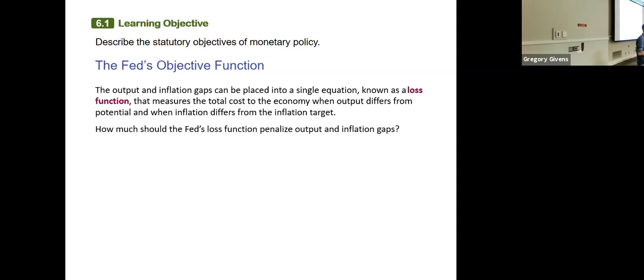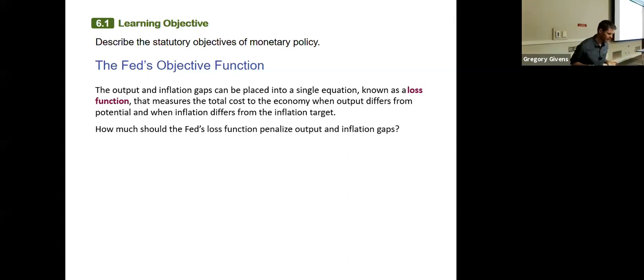That's this idea that losses increase exponentially with the size of the two gaps that determine loss, the output gap and the inflation gap. If the output gap were to decline from negative 2% to negative 4%, then the cost to society should more than double, right? In that case, losses are increasing exponentially, all right?